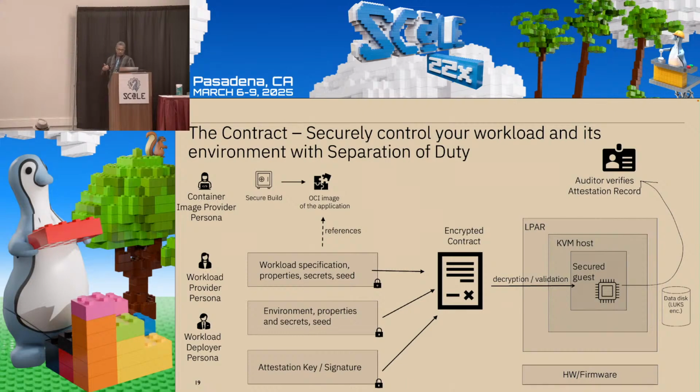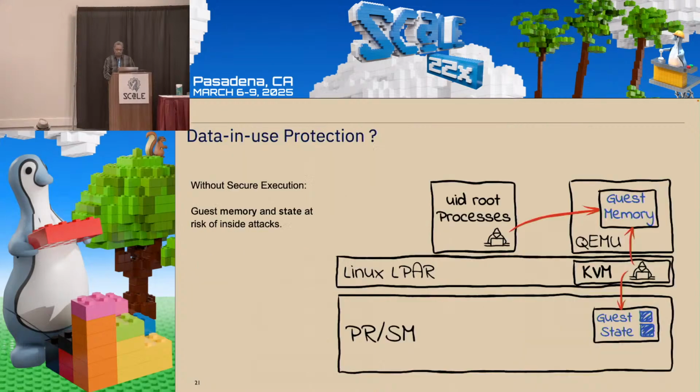The environment owners, in terms of the workload deployer, should also be able to use their attestation keys to boot up that particular VM or workload. That way, each workload's data as well as the VM itself is secure, and the confidentiality of the data is taken care of.